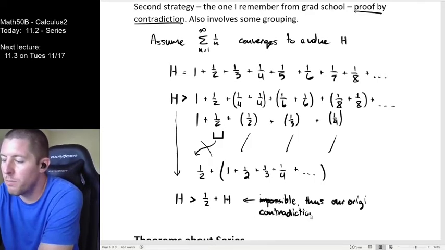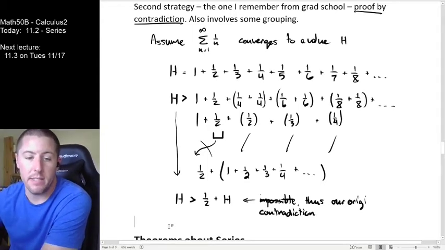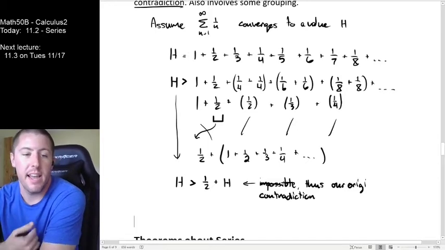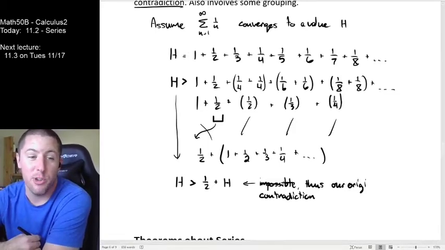So what we did is we assumed something that we thought was wrong, and we let it take us to a crazy place. Here's our crazy place where we're saying a number is bigger than that number plus 1/2. That's literally not true for any number that there is, right? So by assuming that this did converge to h, we were able to lead ourselves to a crazy place.